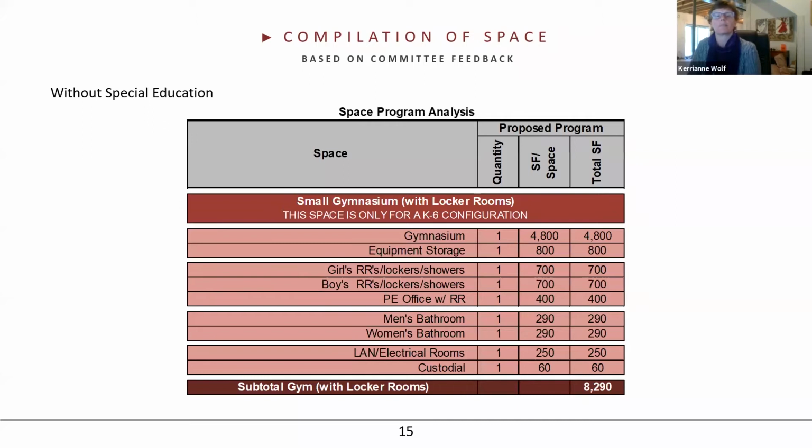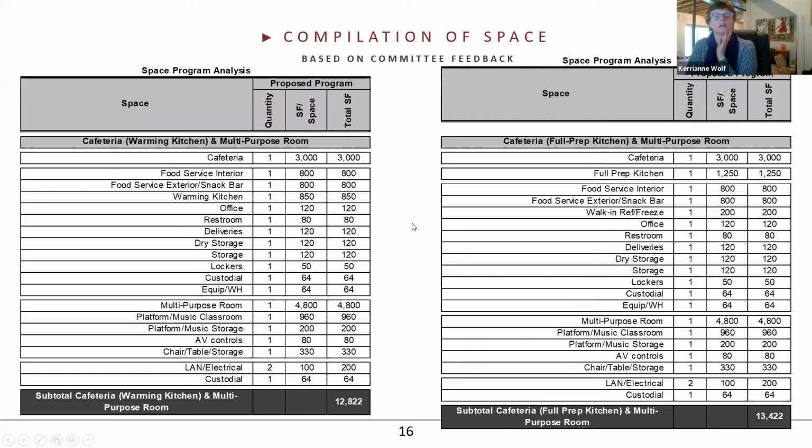And then the last section, I think, is the cafeteria, one with a warming kitchen and then one with a full prep kitchen, so that we have not only the cafeteria space, but the appropriate space to prepare a full meal or a space to warm the food if it comes from another prep kitchen somewhere else in the district.